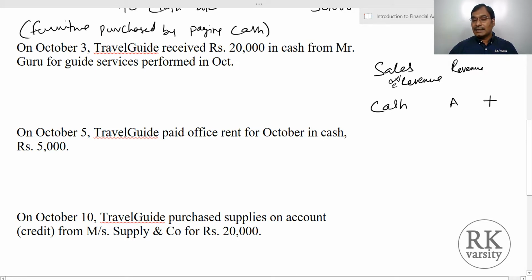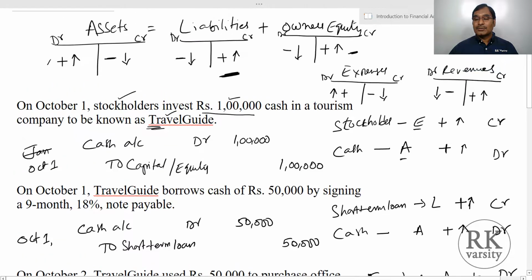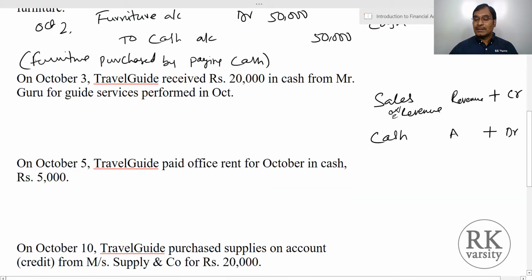Cash increased, that is you received the cash, and revenue also increased. Then increase in asset is debit and increase in revenue is credit. You can see here, when it comes to revenue, increase in revenue is credit. So you have a credit.